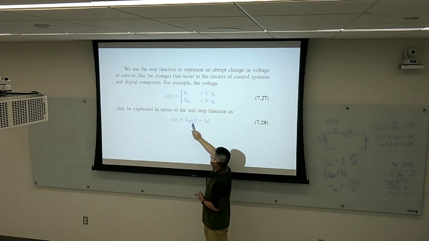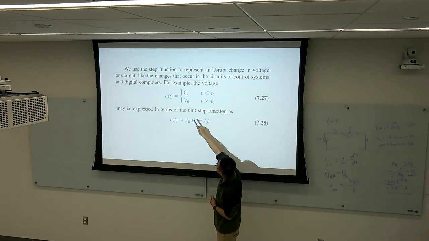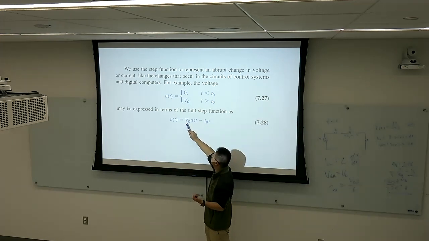This is the amplitude, because the amplitude of the unit step function is 1. But here we need to express the magnitude of the amplitude as V0, so we multiply by V0.